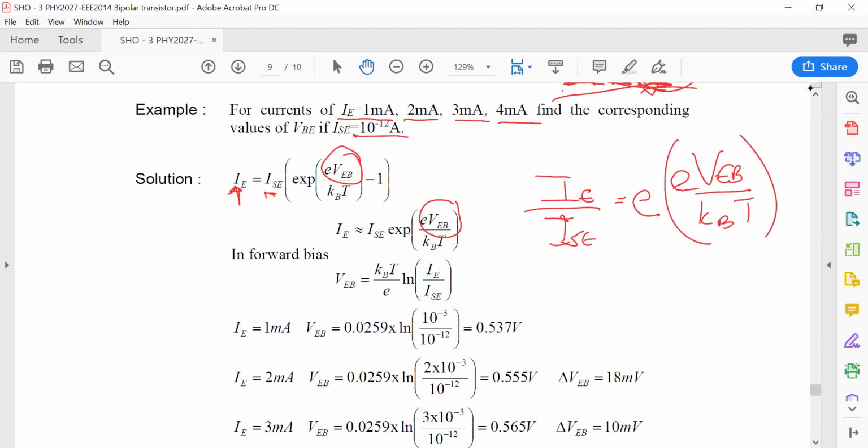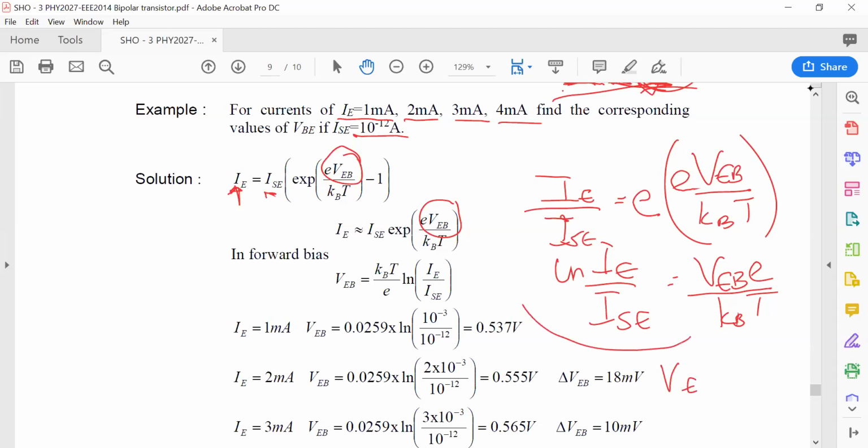Then we can make ln IE over ISE equal to VEB times 1 over the thermal voltage, KBT, and simply multiply by the thermal voltage such that we have VEB.